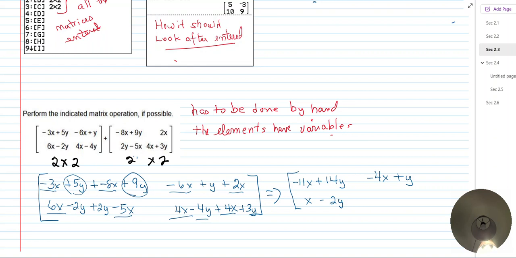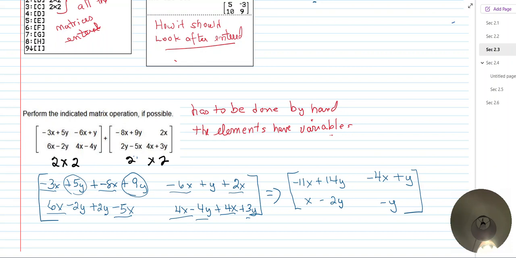Then I have a negative 4y plus 3y is a negative y. And I have done that action. That one cannot be done by calculator because we have so many different variables in the mix.